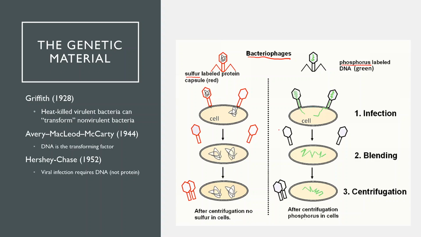So in both cases, they took both strains, the sulfur-labeled viruses and the phosphorus-labeled viruses, and infected 2 separate populations of bacteria, let the virus infect the cells, and then separated the infected bacteria from whatever was left over from the virus, because the assumption was that whatever was actually entering into the bacterial cell contained the instructions for making more virus, whereas whatever was left behind presumably did not, was just a carrier molecule.